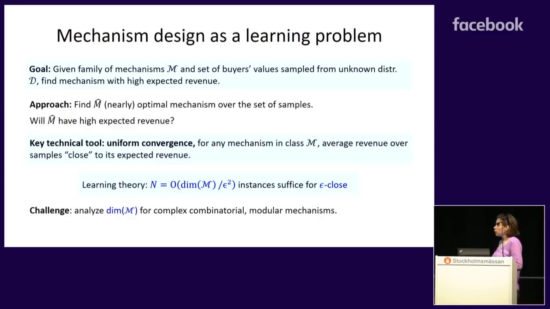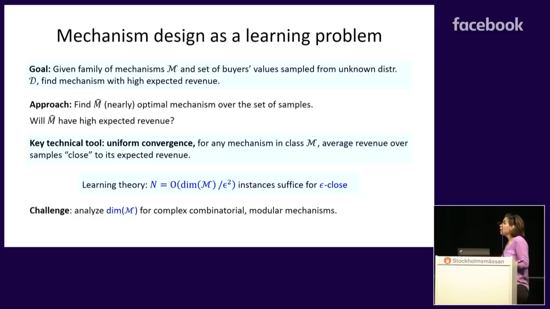I want to point out that a lot of the recent work in this area is actually trying to compute the notion of dimension for the various mechanism classes that come up in the context of automated mechanism design. And there are some specific challenges to these scenarios.